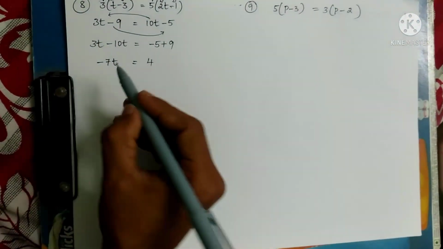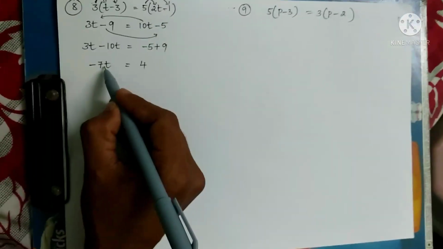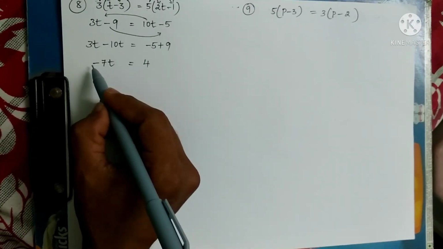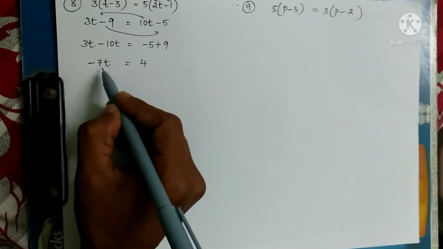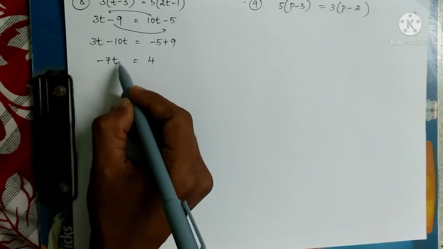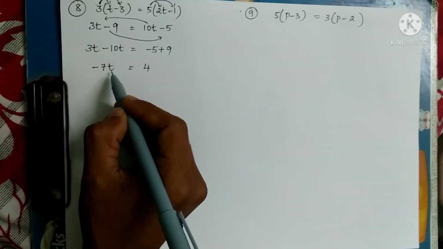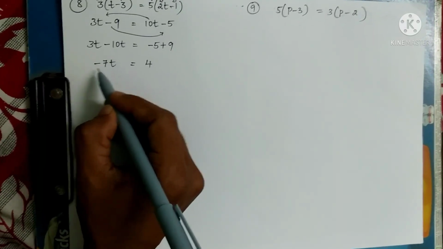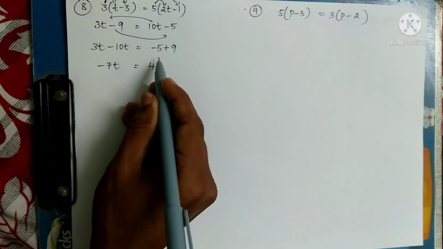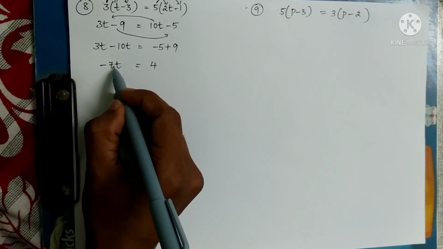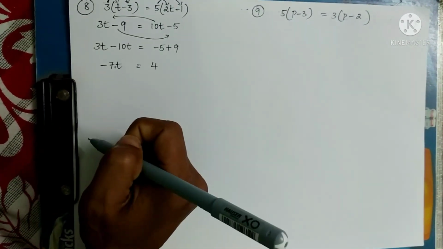Okay, now minus 7 into t, so multiplying minus 7 and t, it becomes minus 7t. So here we have to find the value of t. Here the constant term is minus 7, so we have to transpose this minus 7 to the RHS, and this is nothing but a multiplication, minus 7 into t.